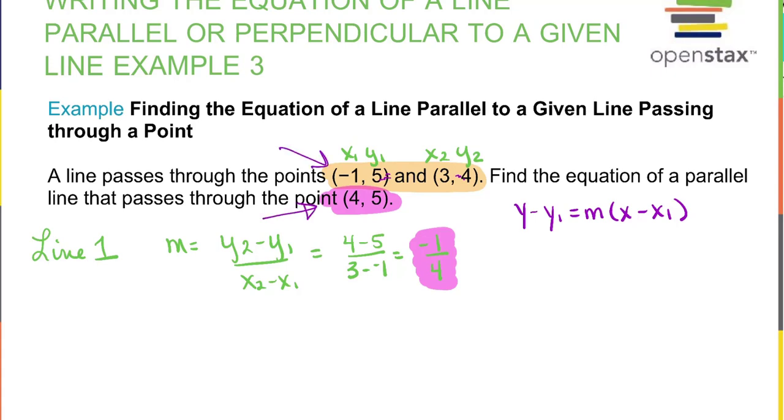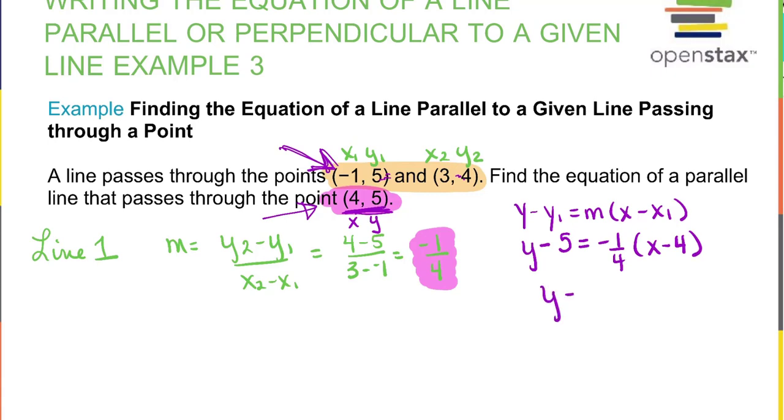I need the equation for this line here. So the equation of the line that is parallel to this one but passes through this point. So this is my x and my y that I'm going to use now. In this case, y minus y1 for this new line is 5 equals m, which is negative 1/4, times x minus x1 for this line, which is 4.